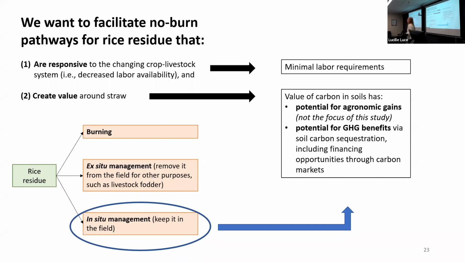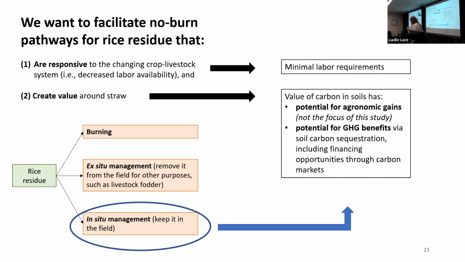Now, of course, this is complex in itself, and the study doesn't particularly dive too deep into that. What it does dive into is the potential greenhouse gas benefits of building carbon in the soil, and then potentially, we're in the context and environment right now where there could be carbon financing involved in this as well.